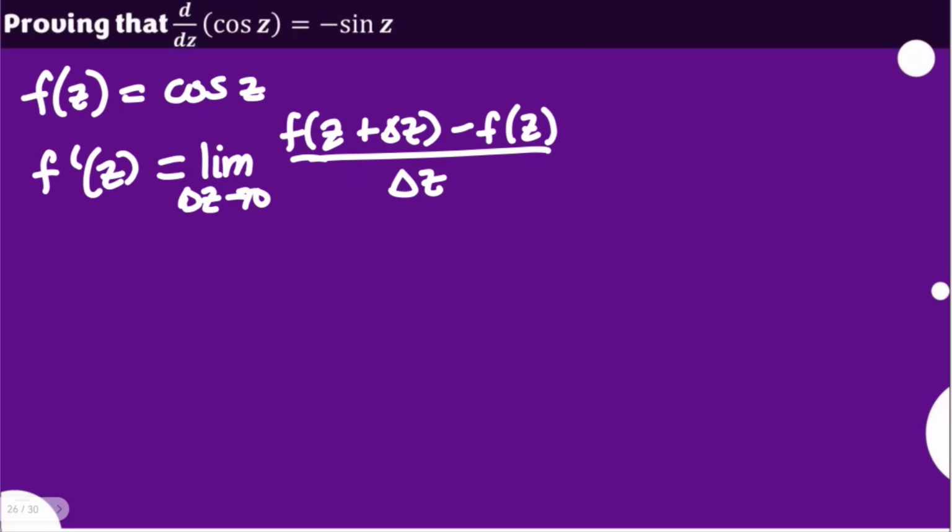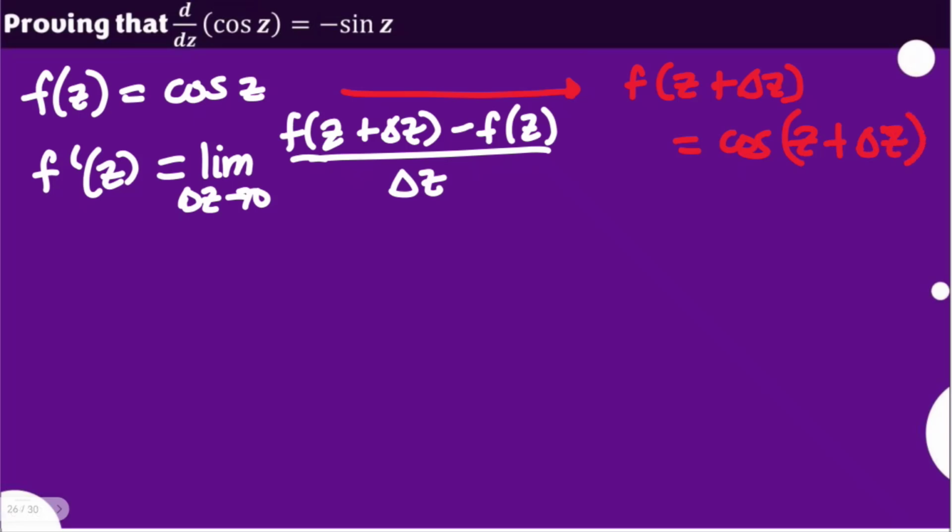And then we are to provide here this expression and later on apply some processes or important identities to remove this as well. So since our function f of z is cosine z, that would mean f of z plus delta z would be equivalent to cosine of z plus delta z, okay?